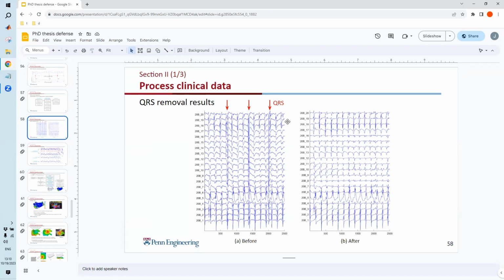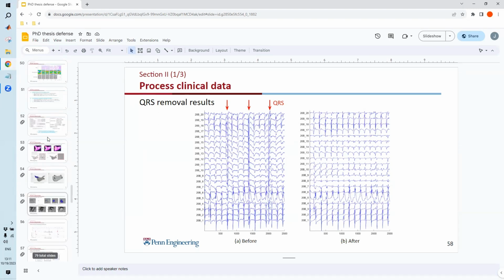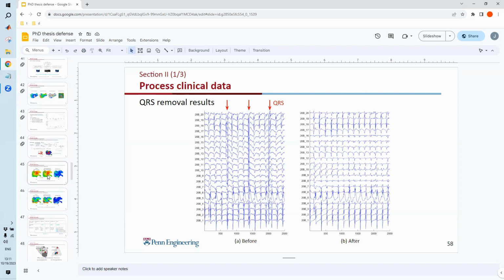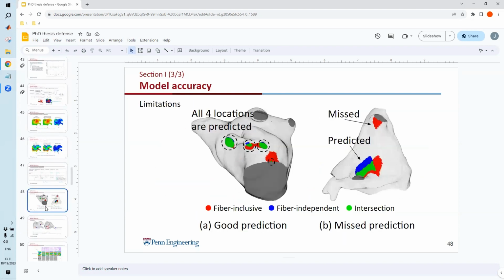I have another question, Jiyue, but I'm happy to wait if there are questions in the room. Go ahead. Can you go back to the slide where you were comparing the results of your fiber-independent model with the fiber-dependent one? You had shown a couple of areas where your fiber-independent model had missed.